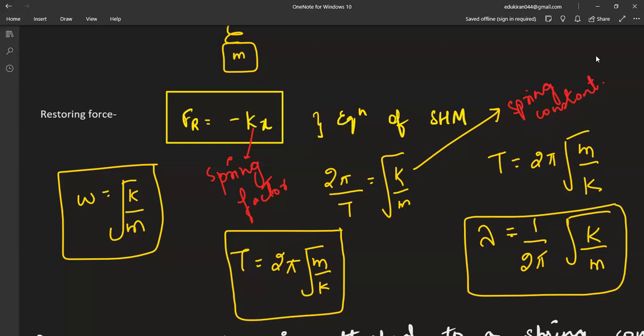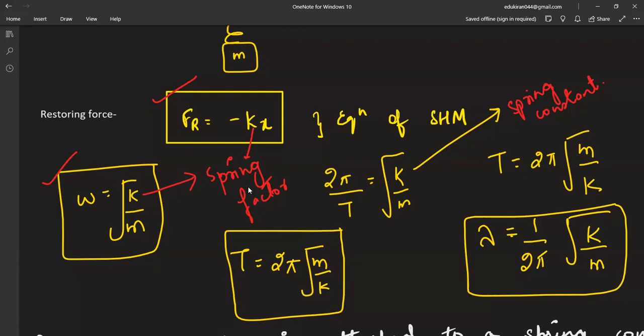Ma'am, in F equals minus kx, it should be spring constant, right? No. See, that's what I was saying. This is the general form. It's a general equation of SHM. I'm not talking about the spring mass system right now. So these are spring factors, and spring factors are different for different systems.